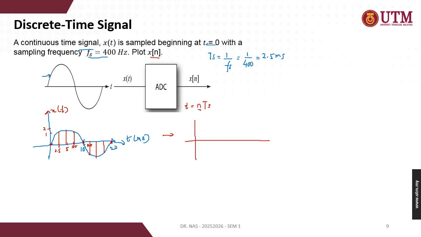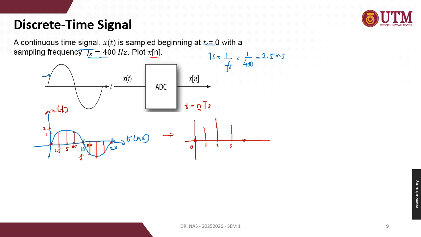Alright, so it just consists of the integer and also the amplitude. So you have the first sample at 0, and then at 2.5 you have the first sample, and next at 5 millisecond you have the second sample. The third one at 7.5, followed by the fourth sample at 10 here.